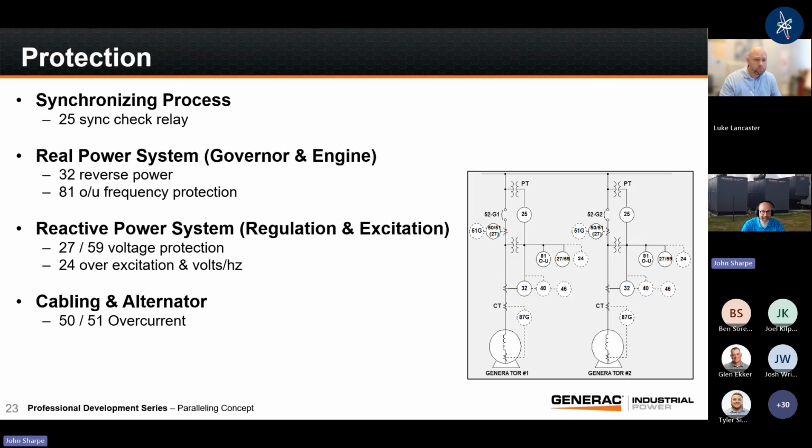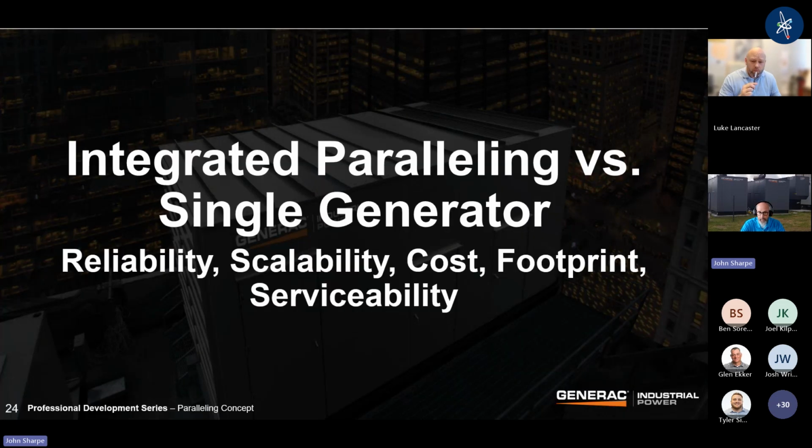So we have protection functions built into the controls. This would happen on any paralleled system, be it a traditional parallel system or an integrated system. What you've got to have is you have to have these protective functions built in to make sure that, one, the system's working the way it's supposed to, and two, if we have an outlier, that we're shutting a particular piece of equipment down so that nothing gets damaged. All right.